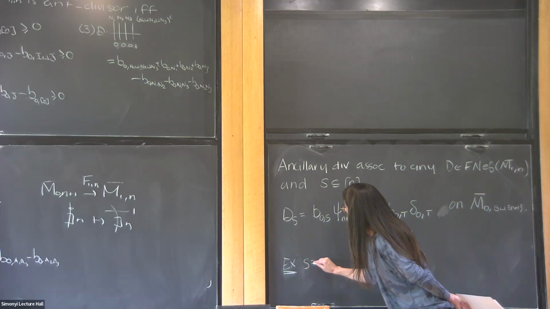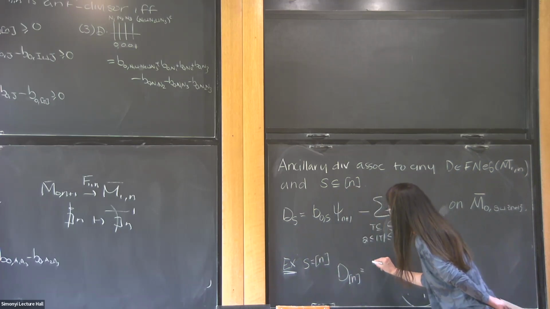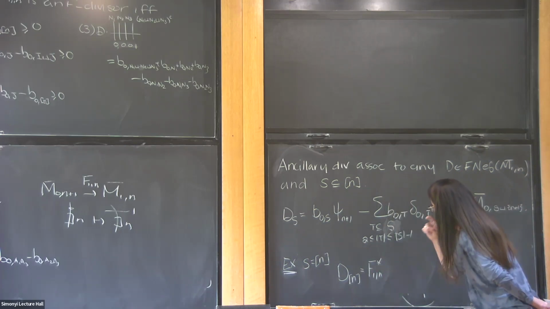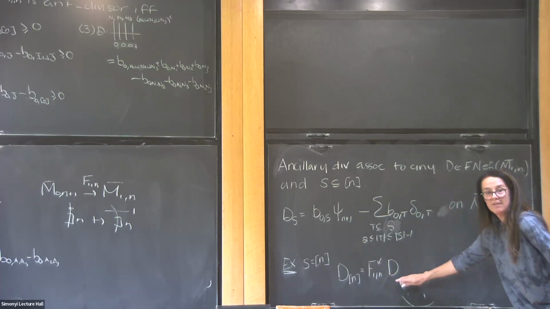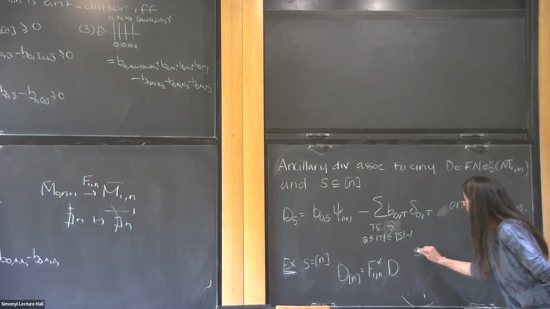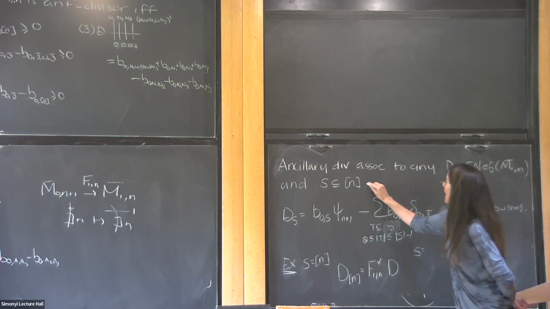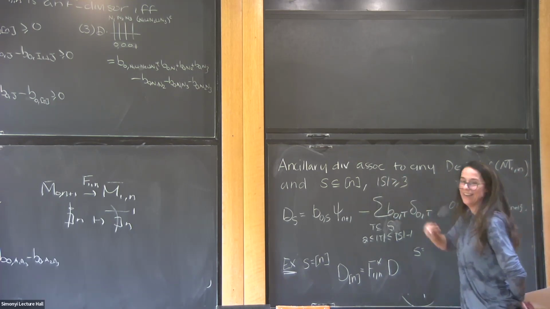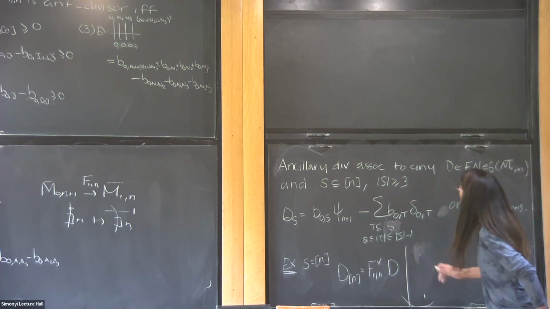If S is the whole set N, then Dn is just the pullback of D. Okay, so if D is an F divisor, this pullback is an F. And in order to do this, it has to be a divisor here. So we need this to have at least 4 elements. So S should have at least 3 elements. So S in N such that the size of S is at least 3. Okay, so let's think of the other extreme. So here's another example.